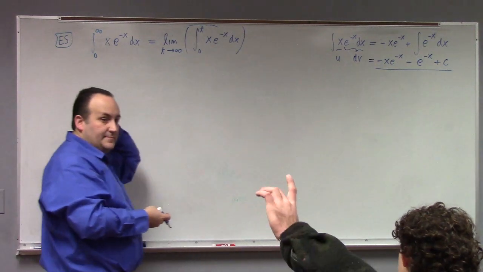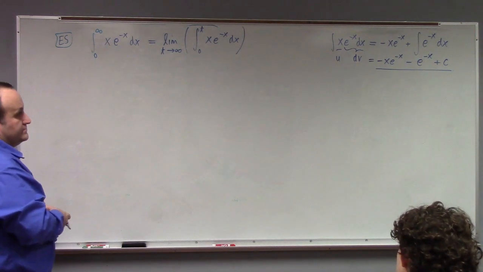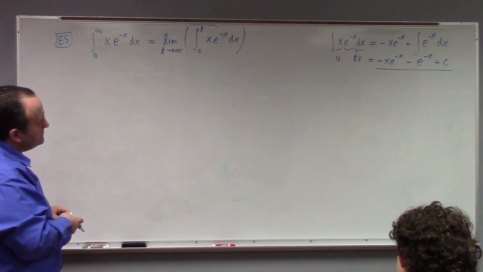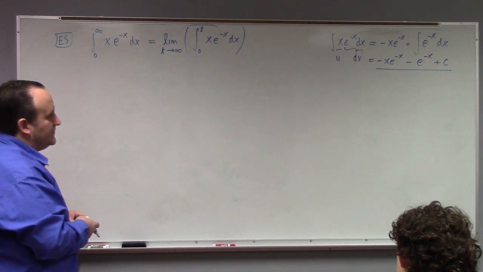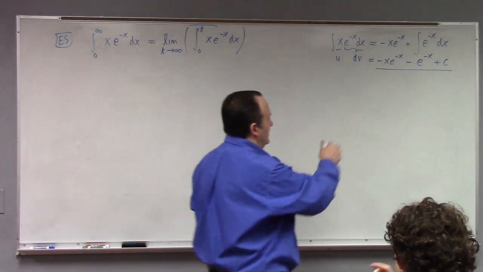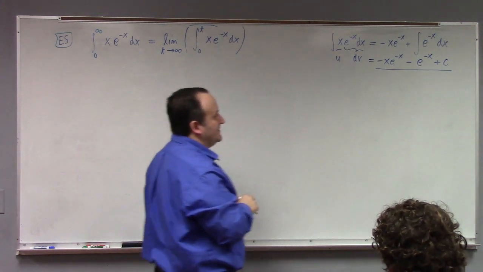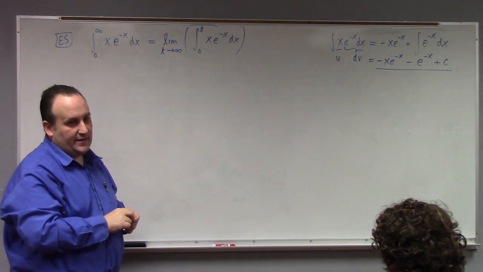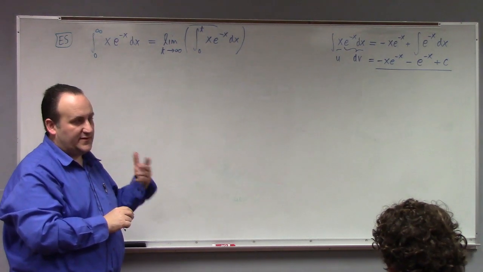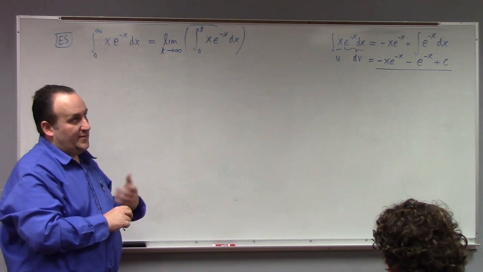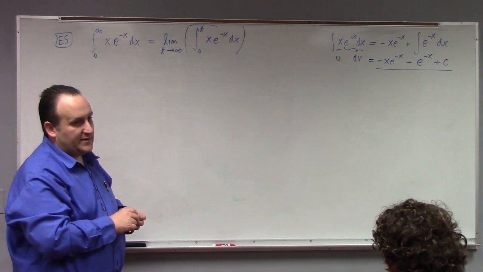Is the derivative of x not x dx, or is it just dx? I had to do product rule. So when I differentiate the minus x e to the minus x, I get minus e to the minus x plus x e to the minus x. The plus comes because minus and minus is a plus. That minus is coming because there's a chain rule for e to the minus x.